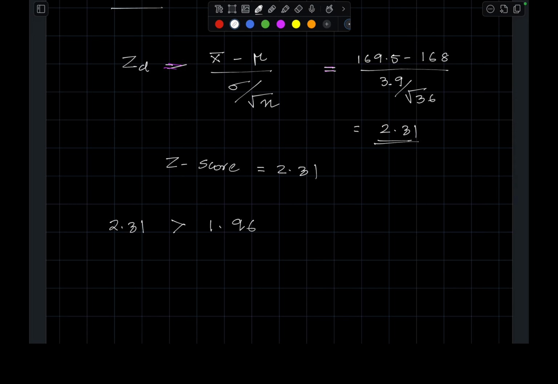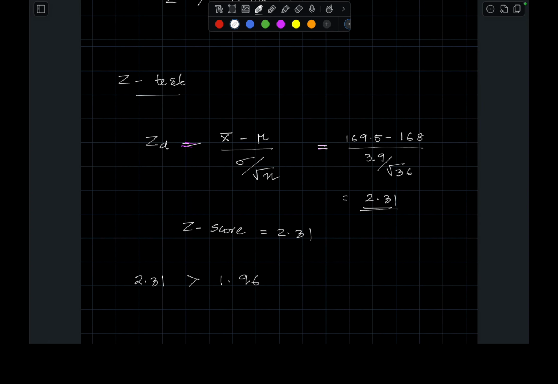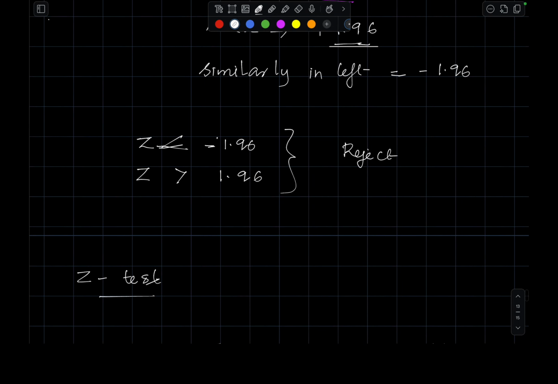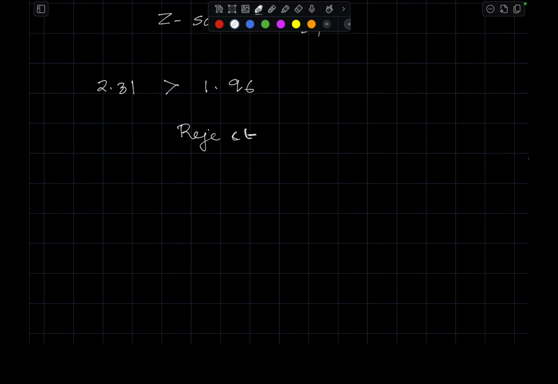So that was our earlier condition over here. If the Z value is less than minus 1.96, or greater than 1.96, we should reject, right? Here we are getting the Z value as greater than 1.96, which means that we should reject the null hypothesis.